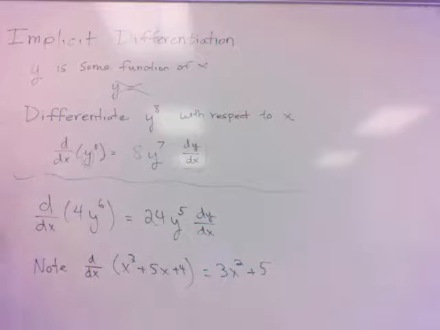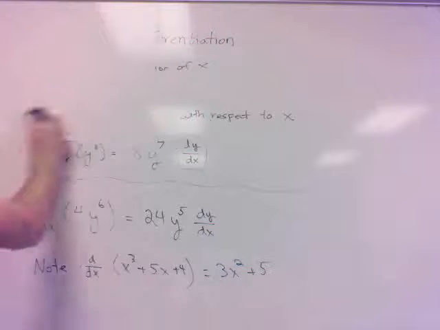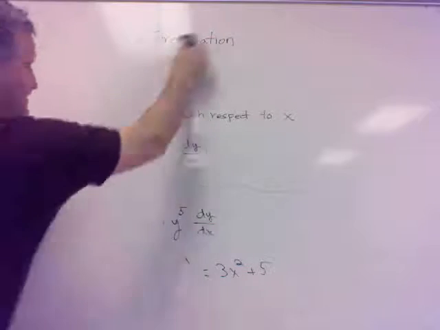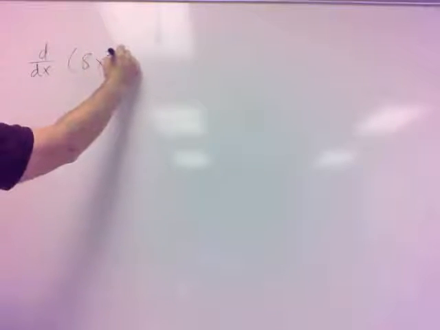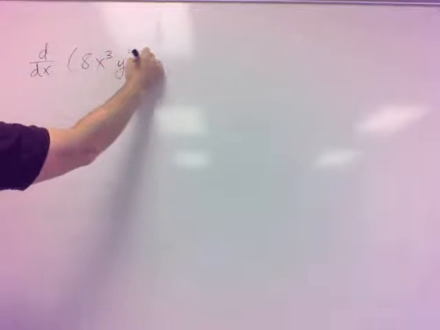All right, now, what happens when I get something like this? What about the d dx of 8x cubed y to the 4th? What do you see happening on that?